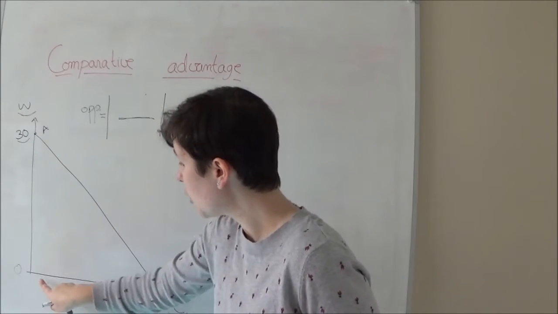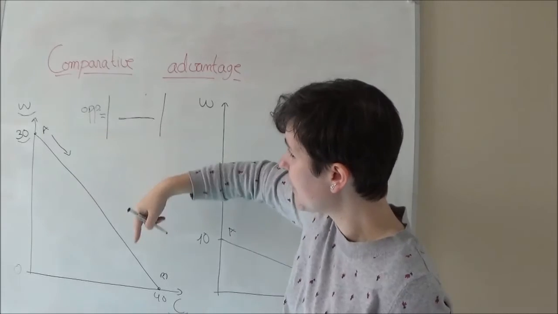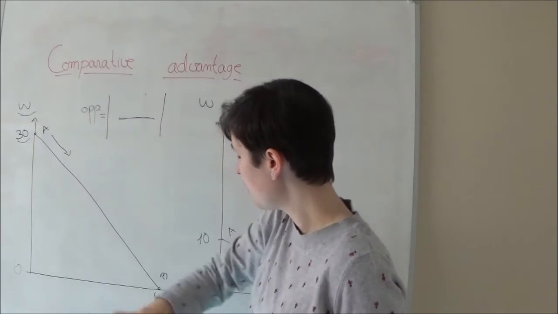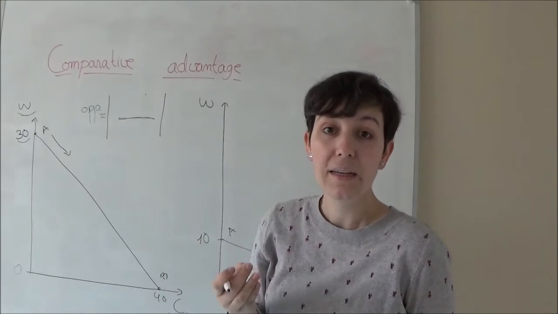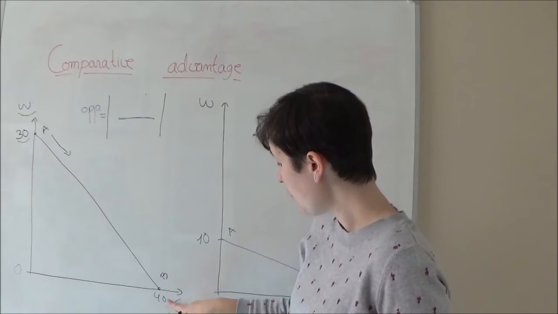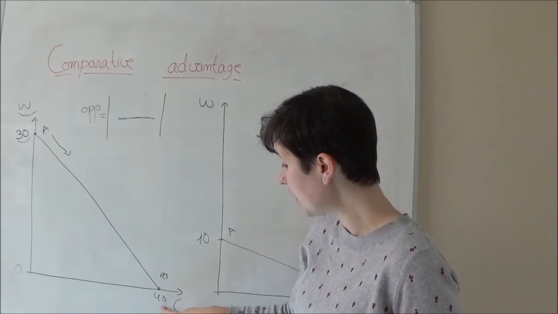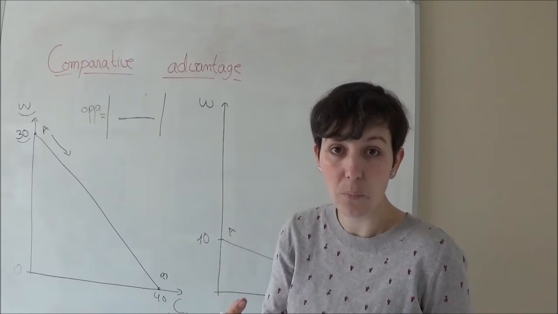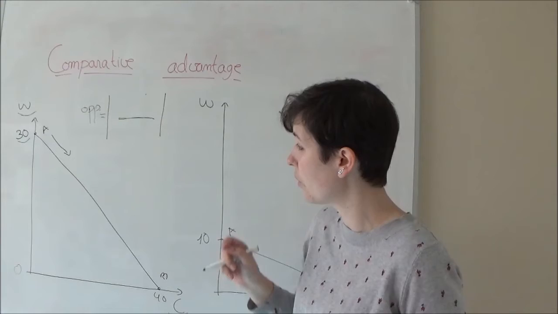But at least it's an increase, so that's why I'm going from A to B, okay? In the point A, the production of wine is 30, the production of cheese is 0. In the point B, the production of wine is 0, while the production of cheese is 40. Okay, that's important. You need to understand everything, okay?